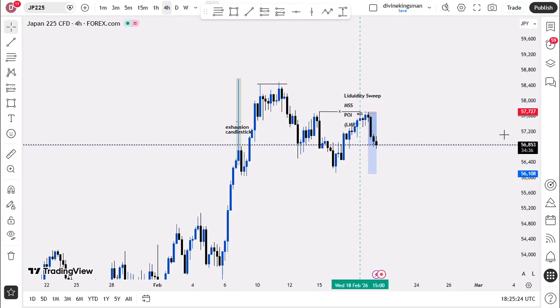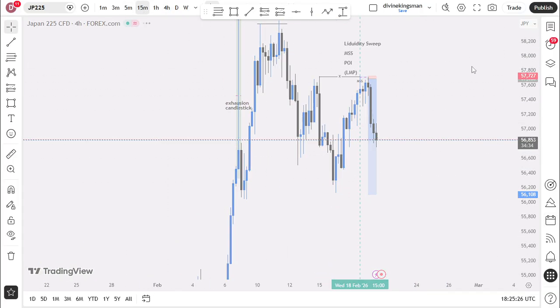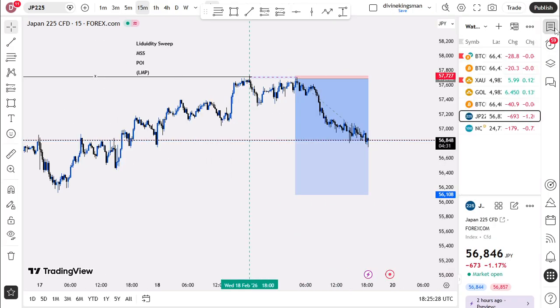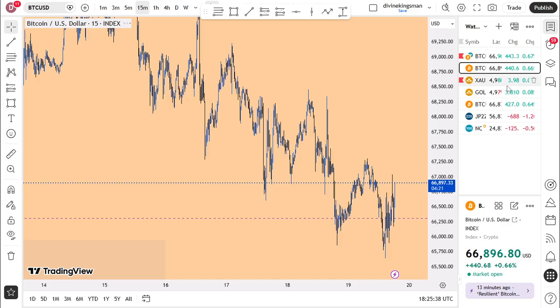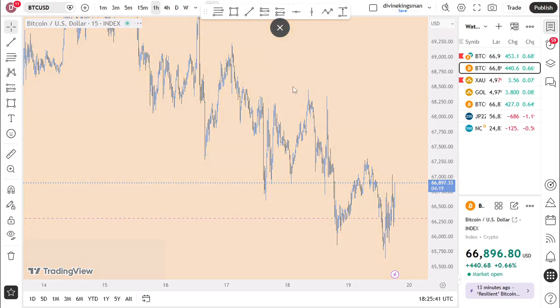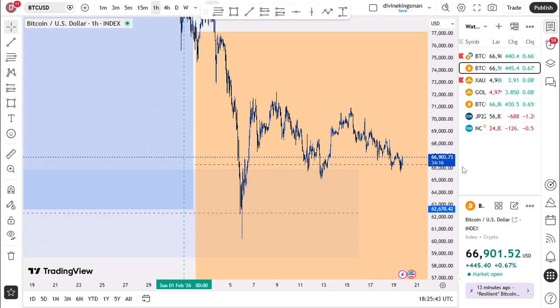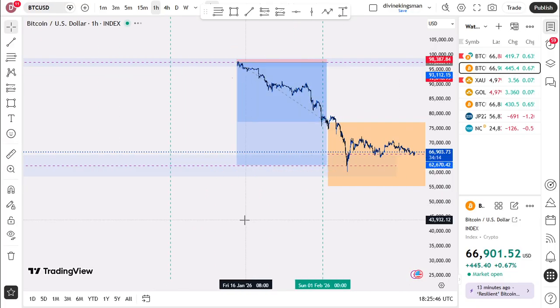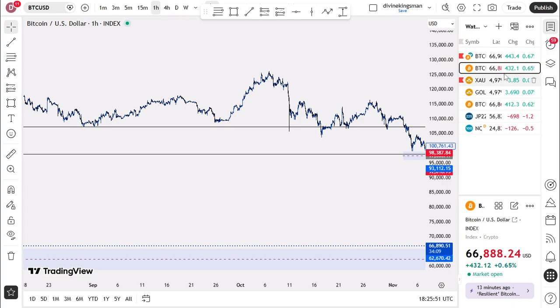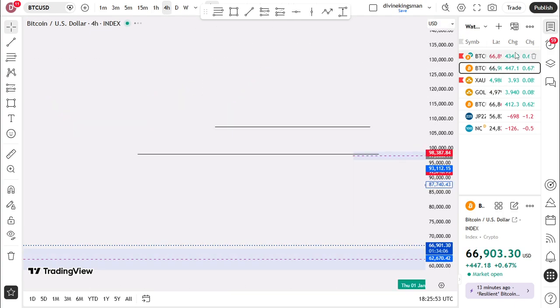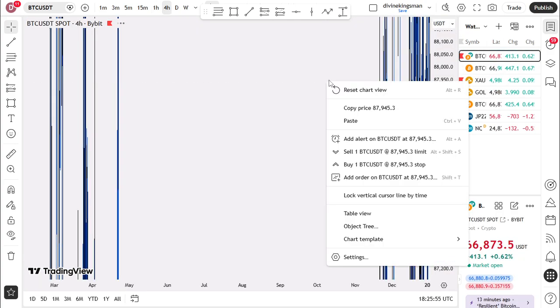Okay, I forgot. Let me show you this exhaustion candle also. I think it happened on BTC. I can't remember the exact time frame that it formed, but let me use my main BTC broker.